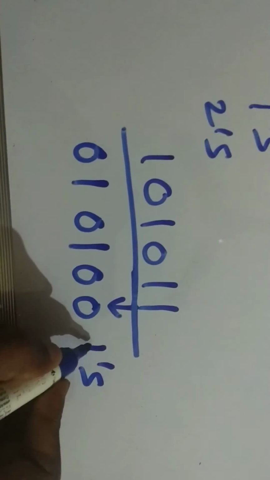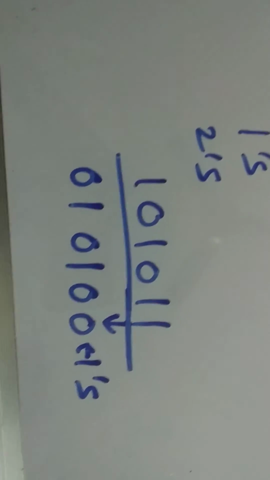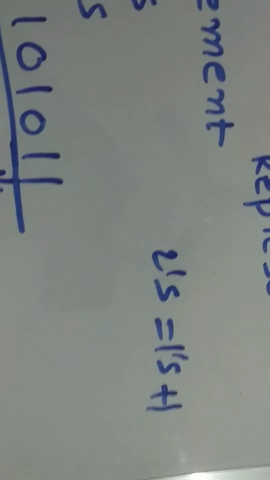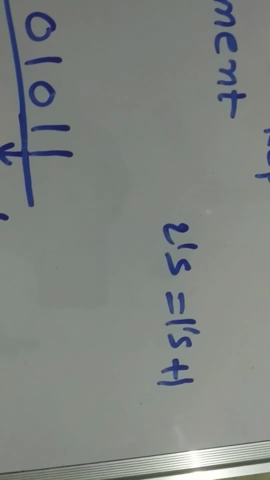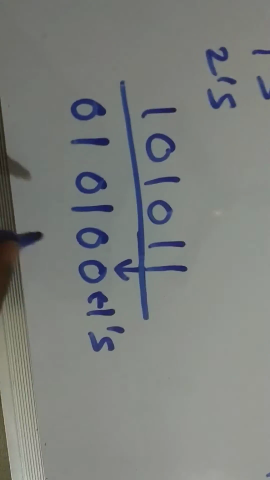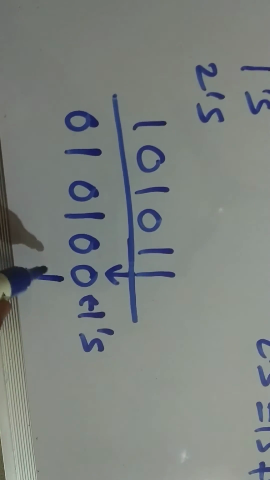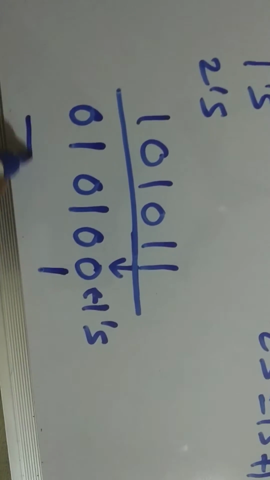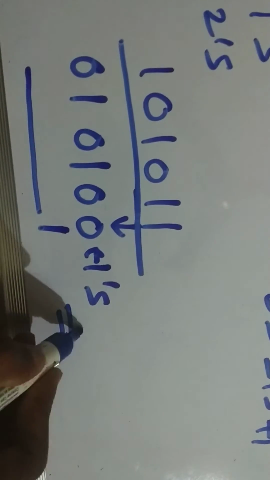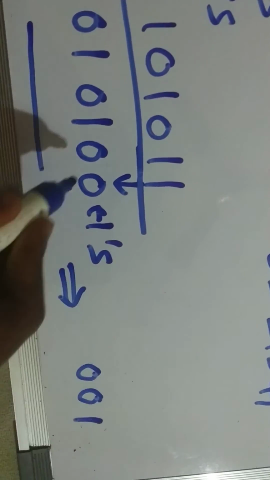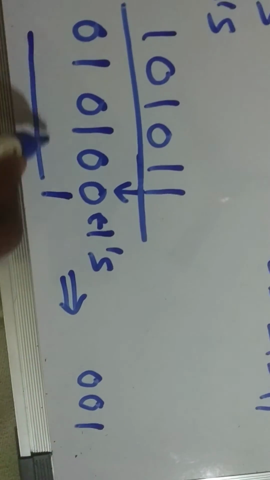So how do we get 2's complement? 2's complement is simple. It is nothing but 1's complement plus 1. So we need to add 1 to the 1's complement. All the values we get, I'm writing over here: 1 0 0 0 plus 1 is 1 and nothing else, all are zeros.